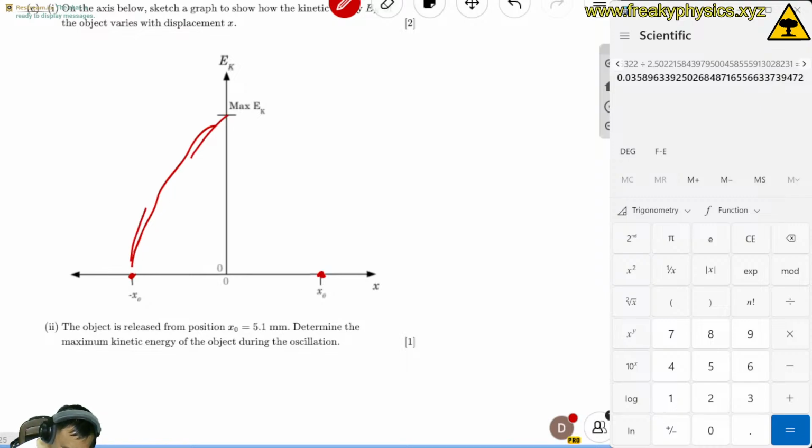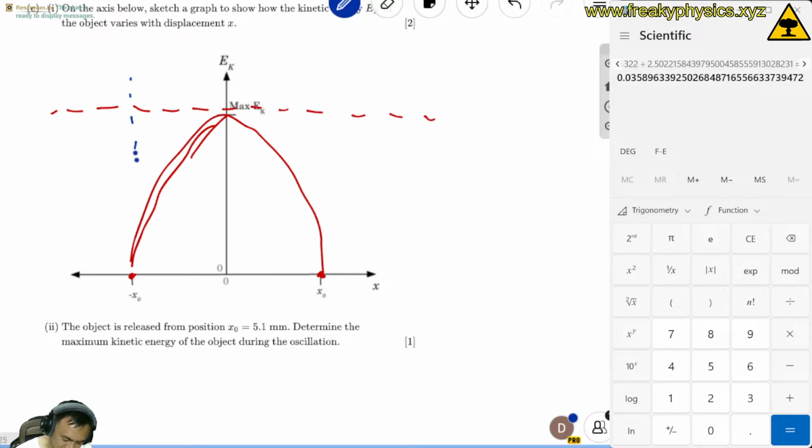Okay. Something like that. That also means, even though it's not being asked, let's do this right away. That also means that for the potential energy, you have maximum energy here, right? And then it's gonna go to 0 and it's gonna curve like that again.